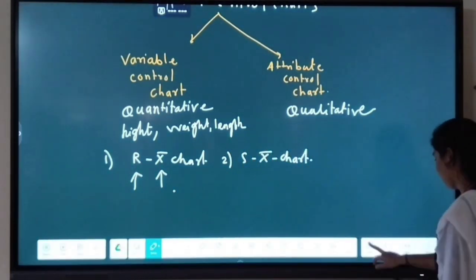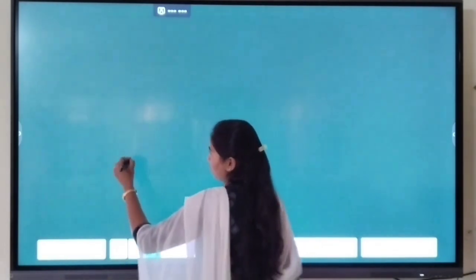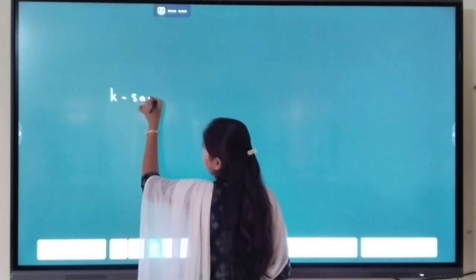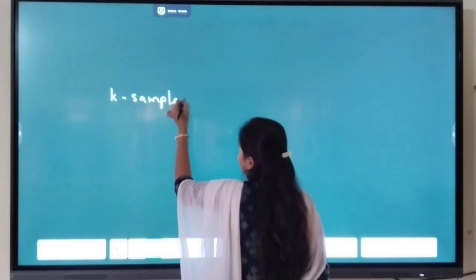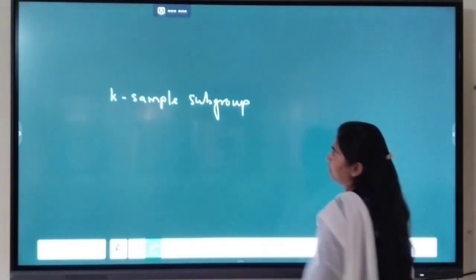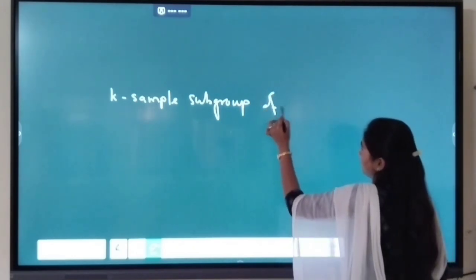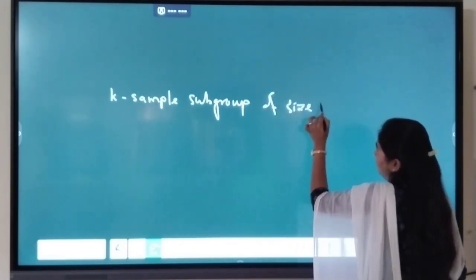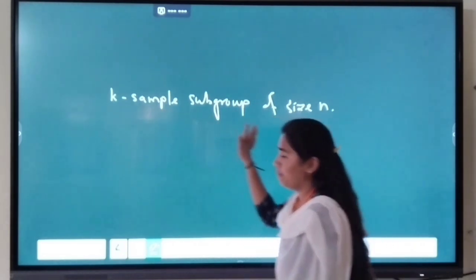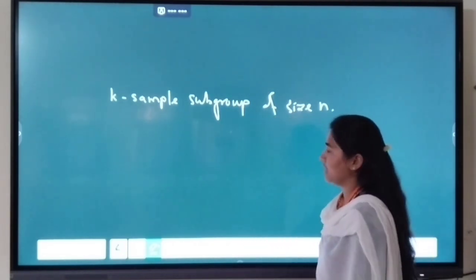Before that, we have to know the sample observations of the manufacturing process. So first we take K sample subgroups of corresponding size from the manufacturing process.